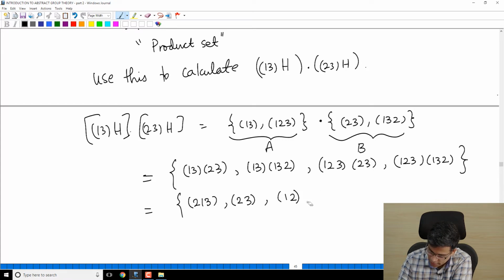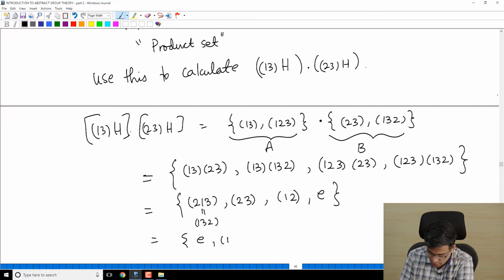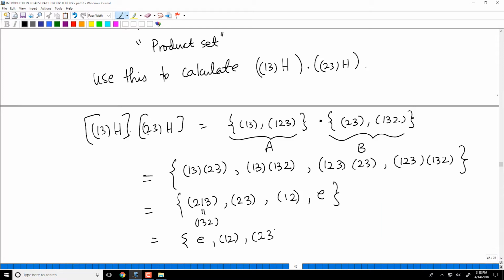So this is actually the identity element, right? The last product is the identity element, and this of course can be rewritten as (1 3 2). So this is another subset. I am going to rearrange these elements: E, (1 2), (2 3), (1 3 2).